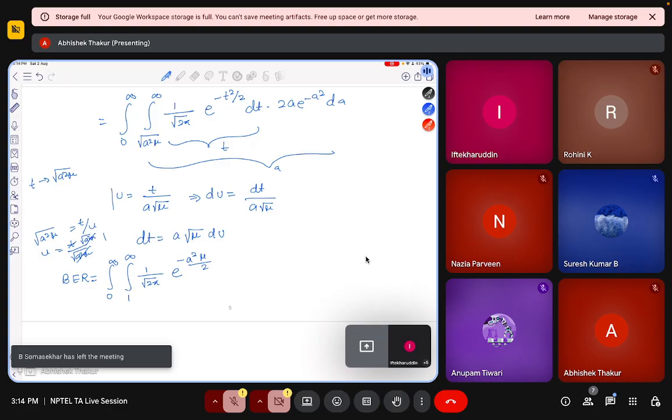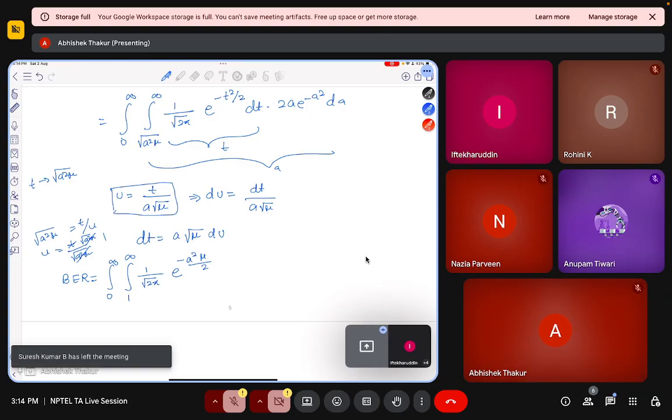So this is our u is equal to this. So t will be a square mu into u square. So there one additional term will be there, u square by 2, multiplied with dt, which is equal to a square root of mu du, times 2a e to the power of minus a square da.